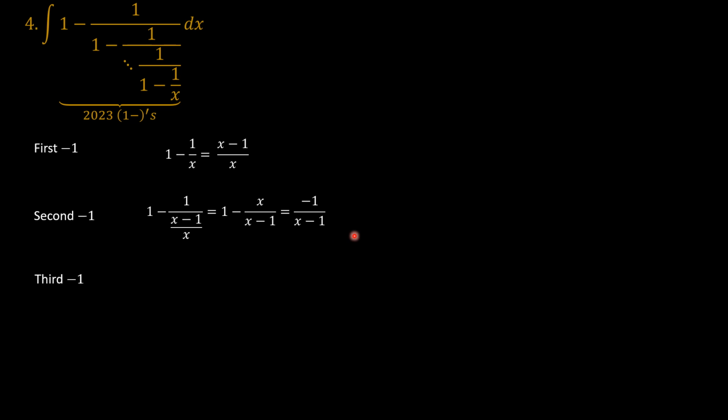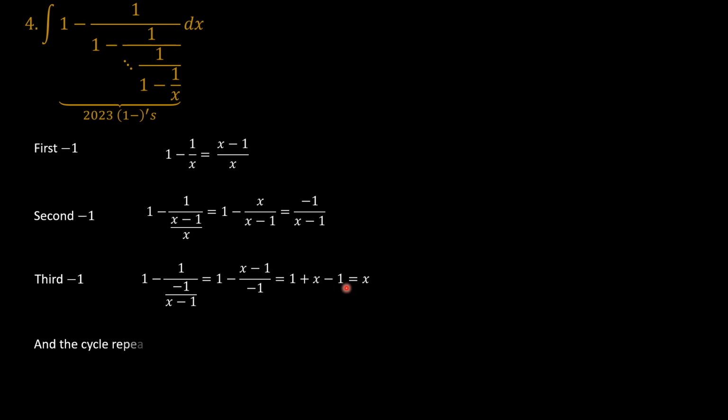And then the third one, that is 1 minus 1 over this value here. And then as you express it, this becomes x again. So we are back to this initial loop. So every three fractions up, we get back to the x.